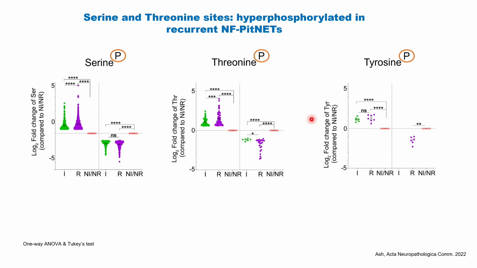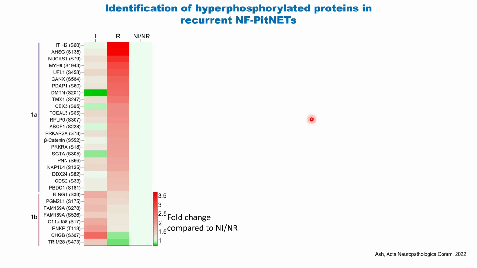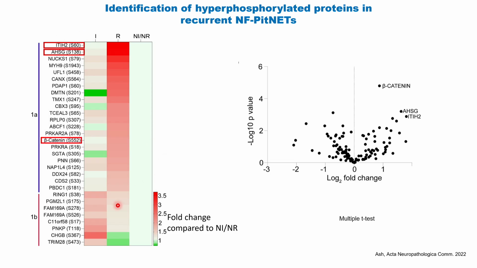We found serine as one of the most, and tyrosine less, because we did not do the pTyr immunoprecipitation. These are the phosphopeptides significantly upregulated in the recurrent ones. The red shows, and the volcano shows beta catenin, ASHD and ITH2.